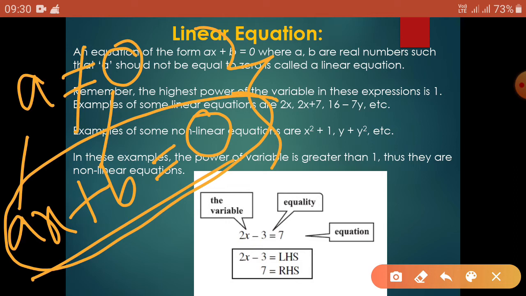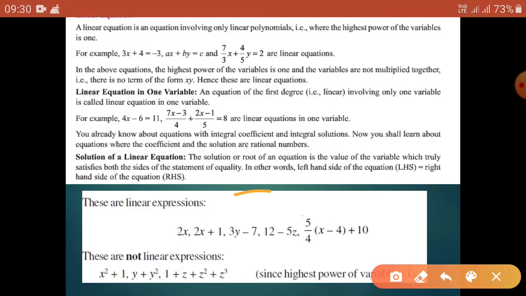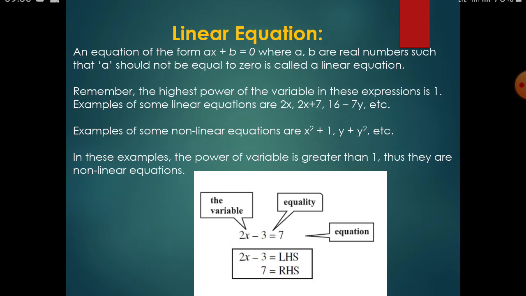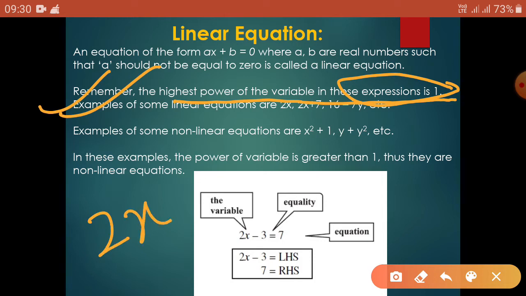The highest power of the variable in this expression is 1, so it is known as the linear equation. Examples: suppose 2x plus 7.